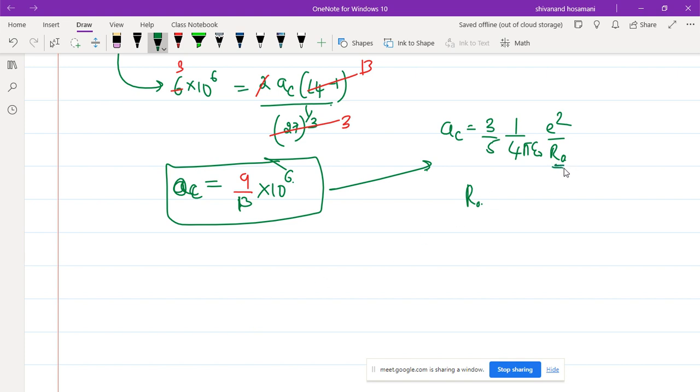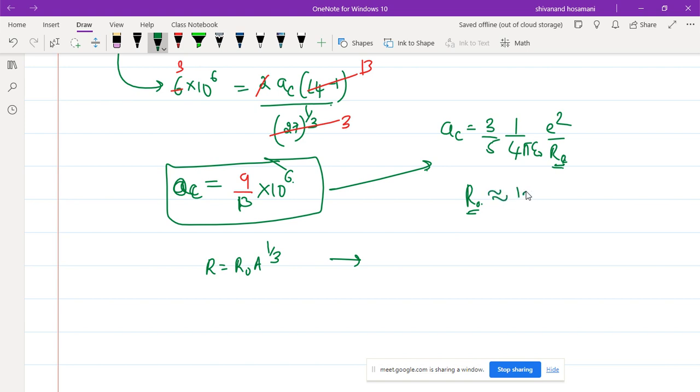If you calculate R naught, then you can calculate R, because R is equal to R naught into A to the power of 1 by 3.